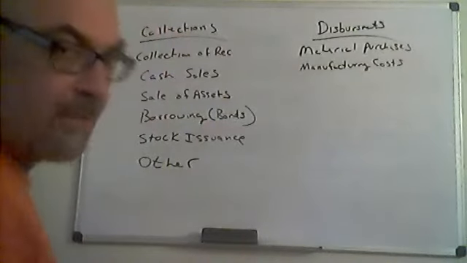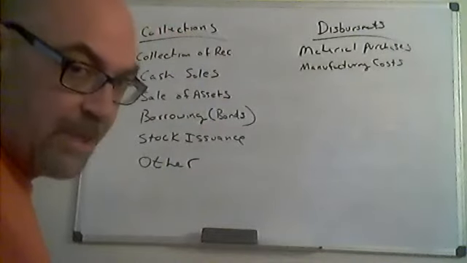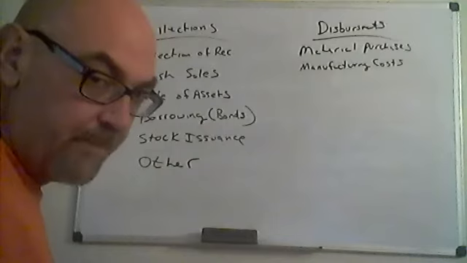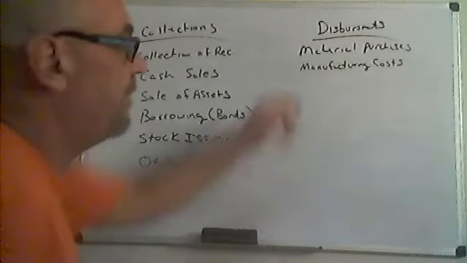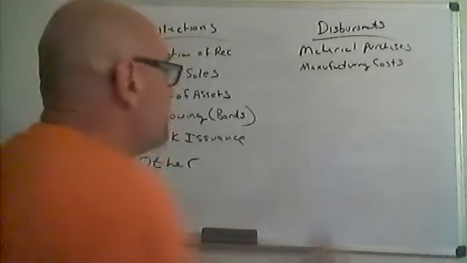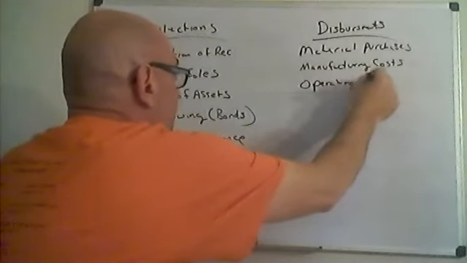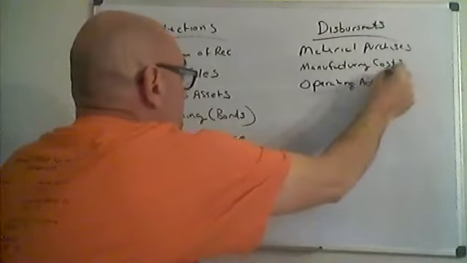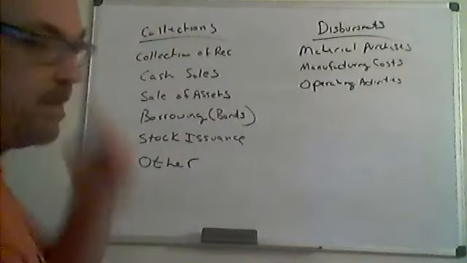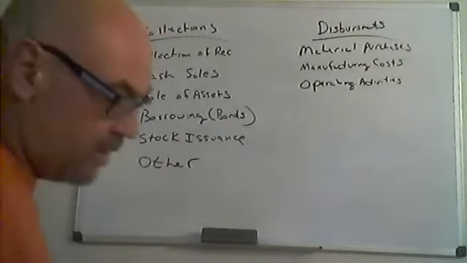That is going to come from our direct materials budget, our direct labor budget, and our manufacturing overhead budget. We can find out what all our manufacturing costs are. Operating activities are basically going to be our marketing and selling expenses that come from that budgeting onto our income statement.